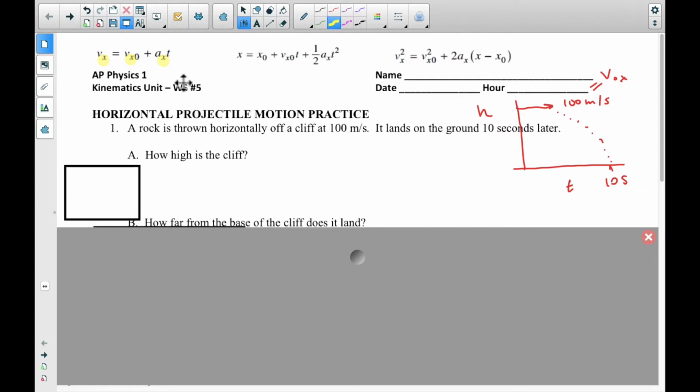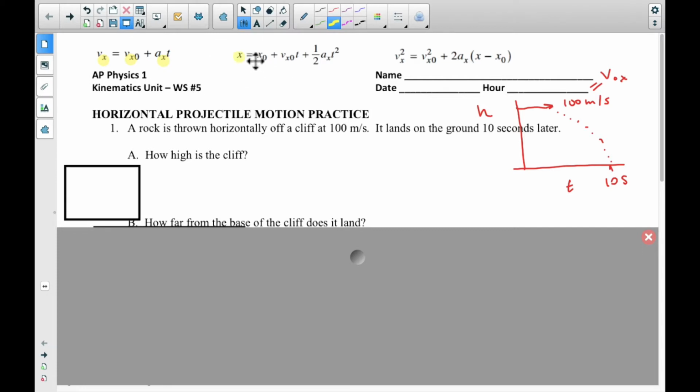There's another equation that's not written, which is v sub y equals v sub y original plus a sub y times time. We just don't have it written out on the formula sheet. It's just understood that both options would work.